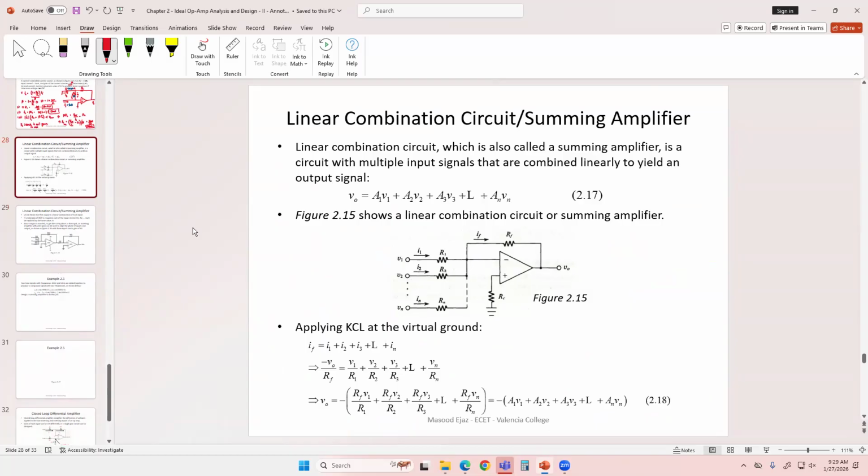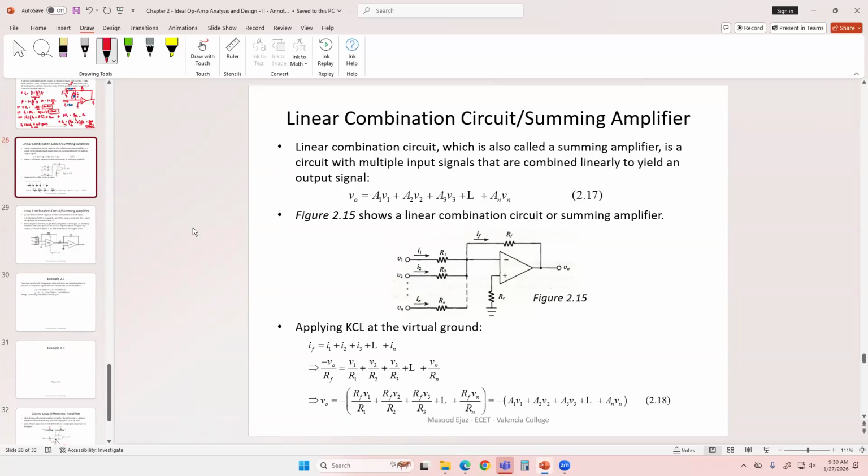Linear combination circuit or summing amplifier, as you can see, is a type of inverting amplifier. However, the inverting input is connected to multiple sources, and each source has some sort of input resistance connected between the inverting input and that source.